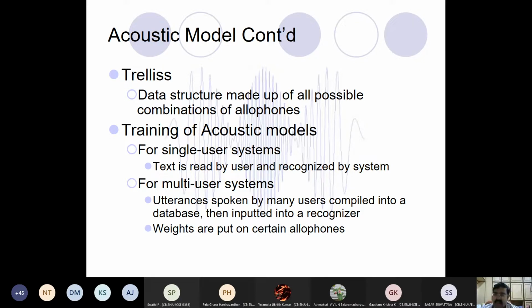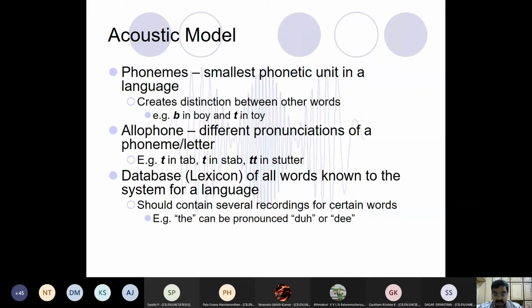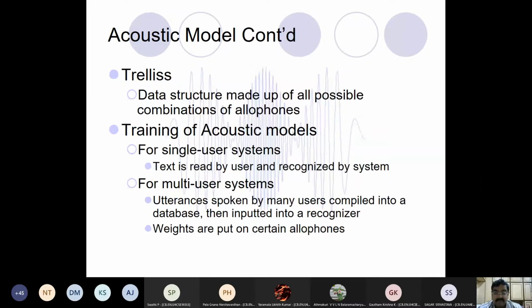When I say allophone, I mean all meanings of the word, all pronunciations of the word, all different accents of the word, all different phonemes. Making this trellis is very difficult, and it will never be perfect unless you have a multilingual group that takes care of all these pronunciations and things.